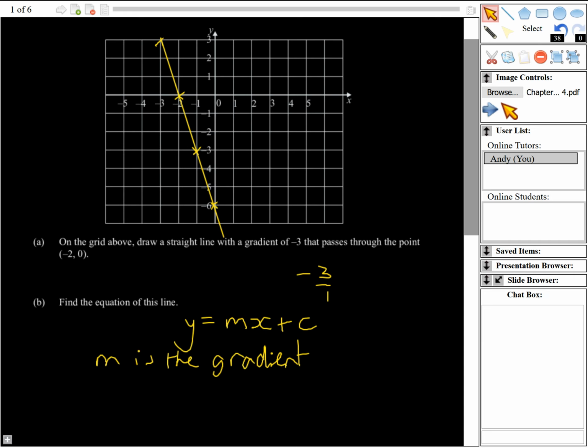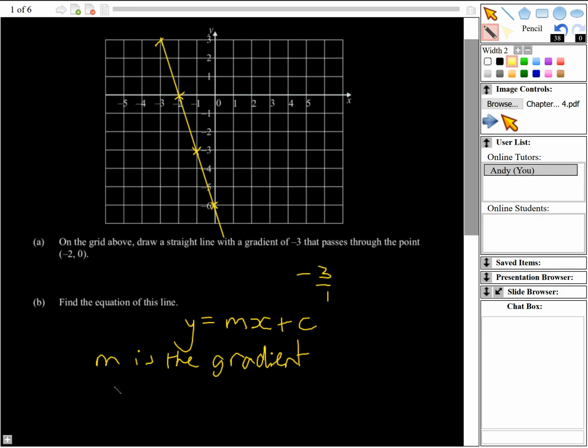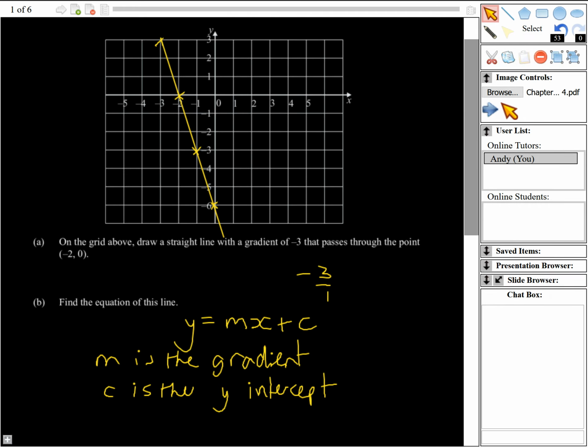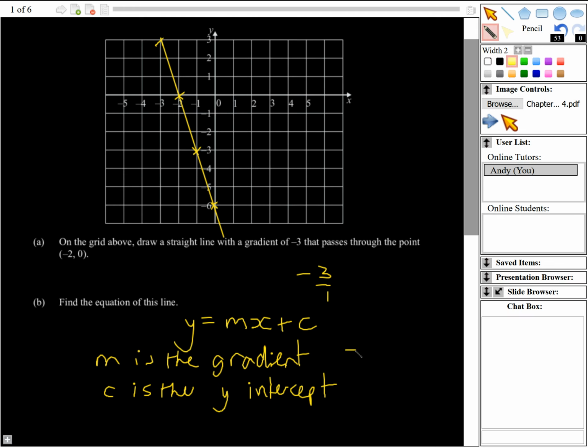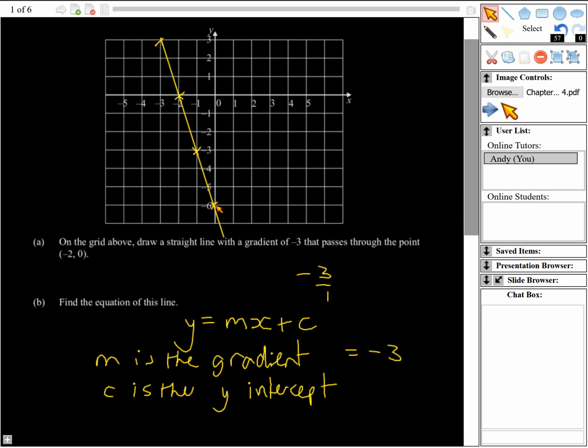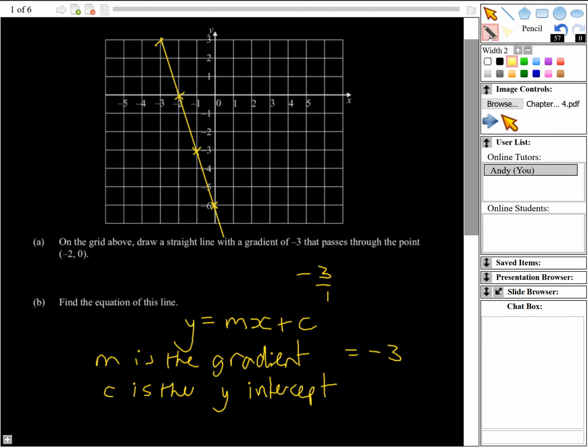So we can know already that the gradient is -3. And then the y-intercept here is this point which crosses the y-axis, which is here, -6.